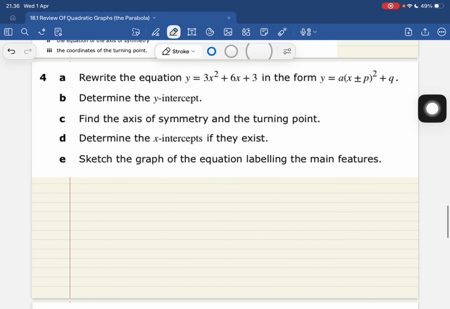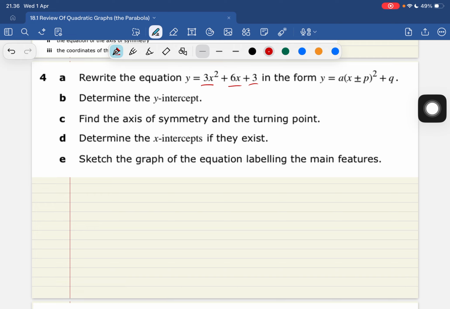Okay, number 4, we need to rewrite it. We can rewrite 3x squared plus 6x plus 3 as 3 times x squared plus 2x, and then the last plus 1.